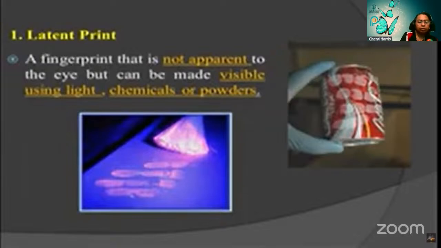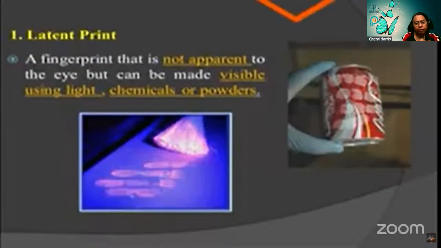So latent prints are those prints which have stuck on the surface, but cannot be seen by the eye. But due to different chemicals and powders as well as light, it becomes visible, and then a forensic expert preserves that through tape or other material or with photography and then transports it to the forensic lab in order to do comparison. So that is latent print.